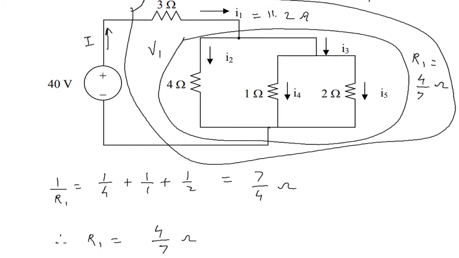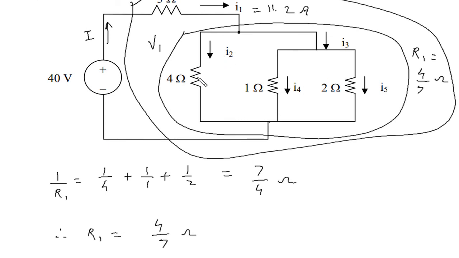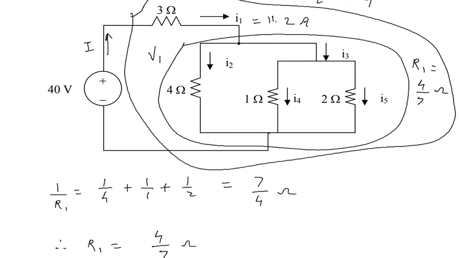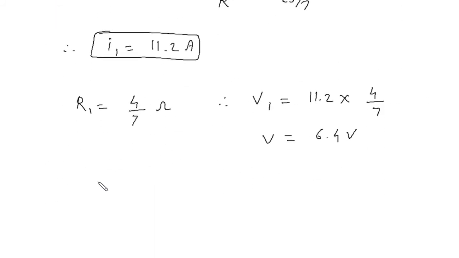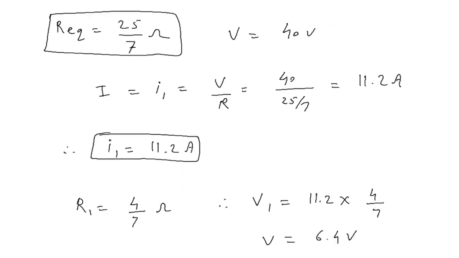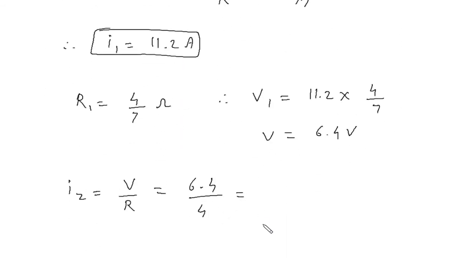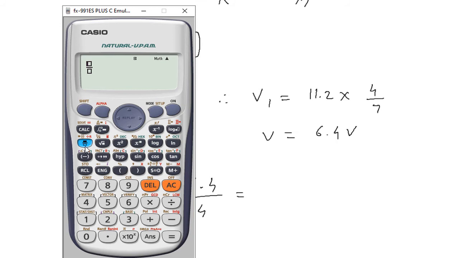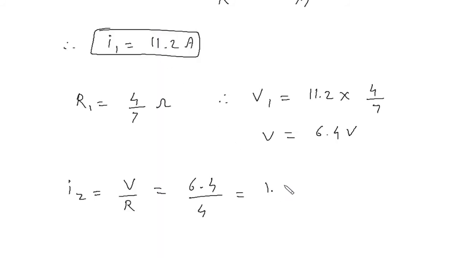So from this we can find the current. If we have the value of voltage and resistance, we can find the value of current. So I2 is equal to V by R. Voltage is 6.4 divided by R, which is 4 ohm. 6.4 divided by 4 will be 1.6 ampere.